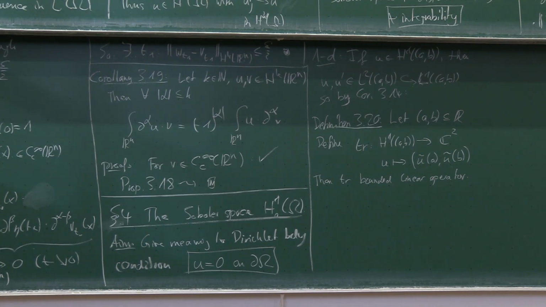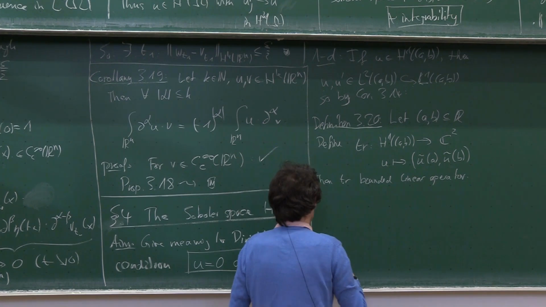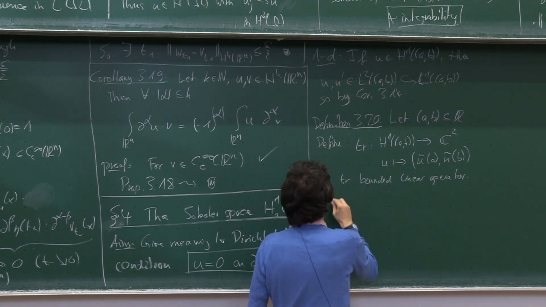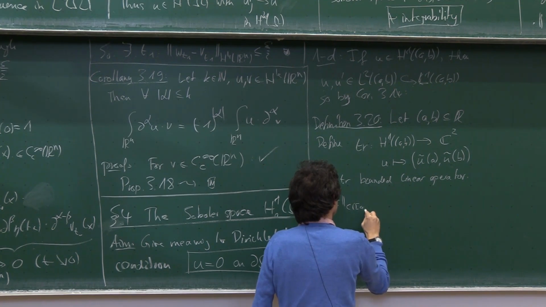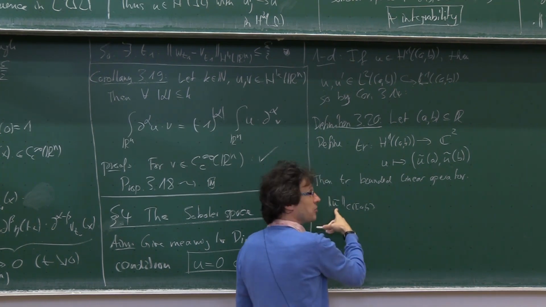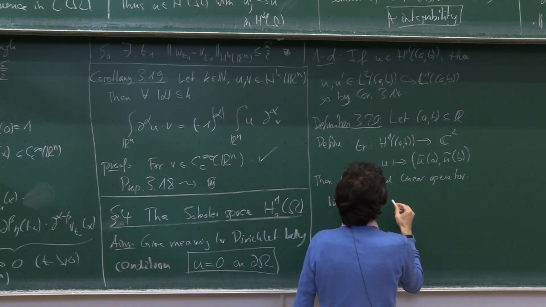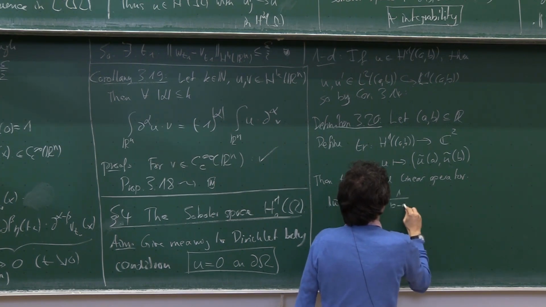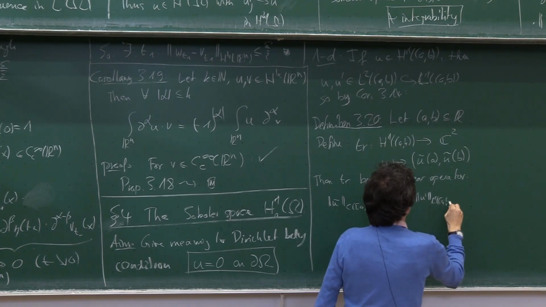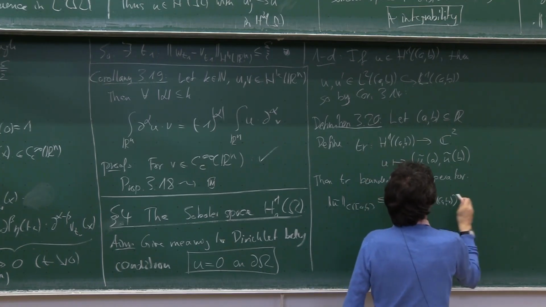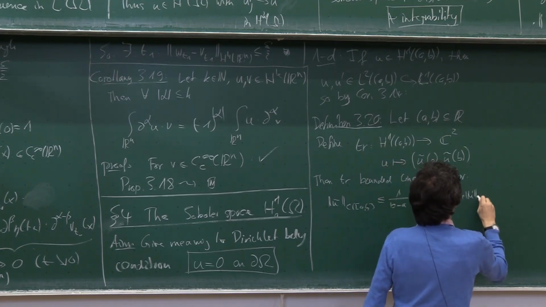Well, we've seen that in the last lecture. We've seen that you can control the supremum norm of u tilde by, what was it? It was 1 over b minus a times the L1 norm of u, plus the L1 norm of u prime, something like that.